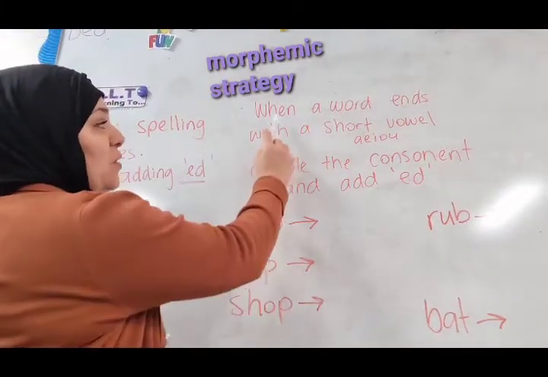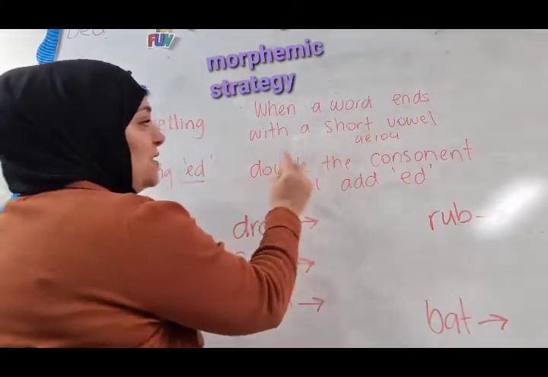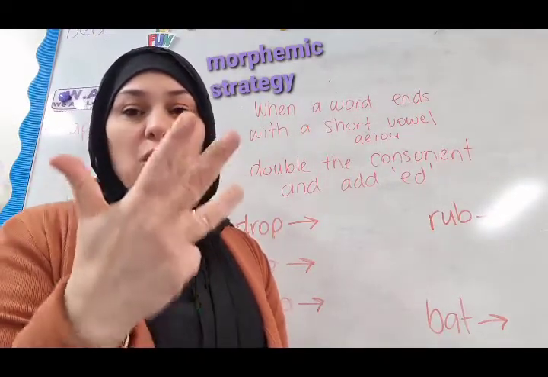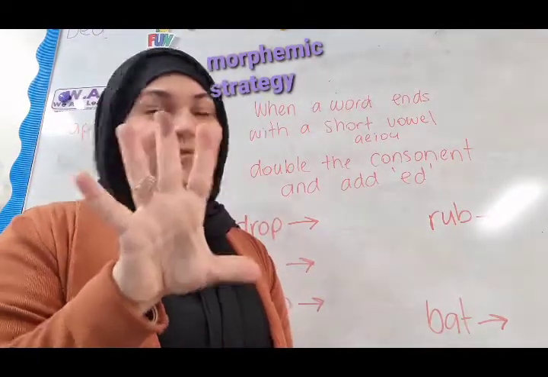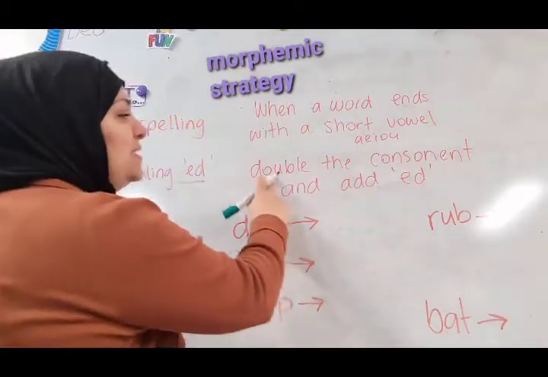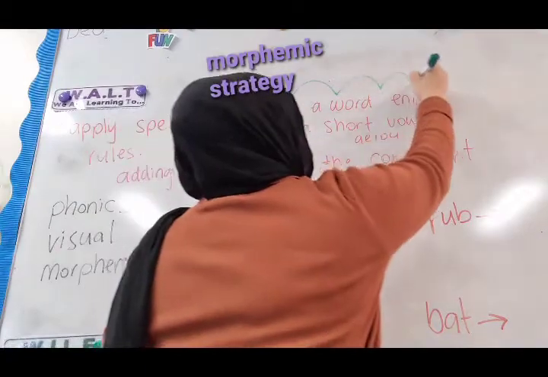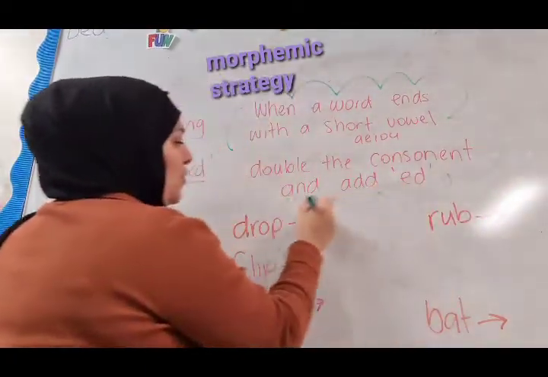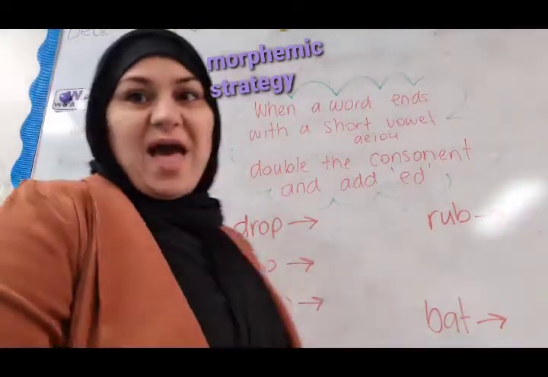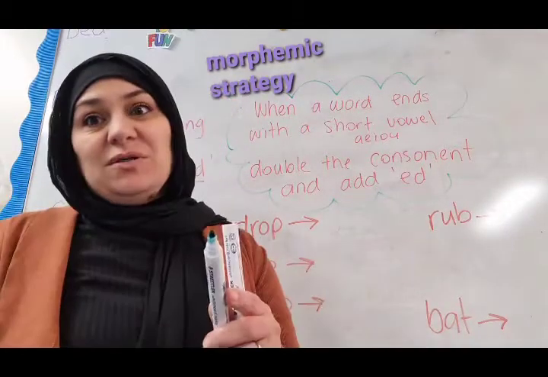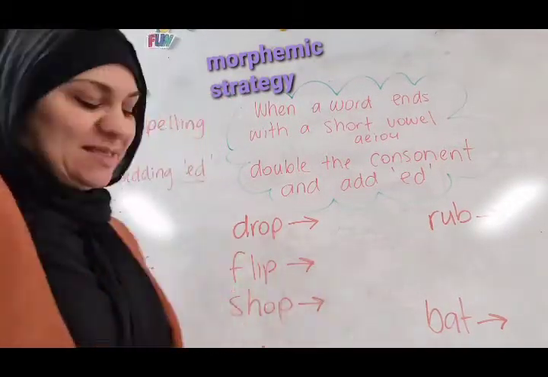The rule is when a word ends with a short vowel, and the short vowels are a, e, i, o, u, we double the last consonant and add ed. I'll say that again. When a word ends in a short vowel, a, e, i, o, u, we double that last consonant and add ed. So let's have a look at some examples.